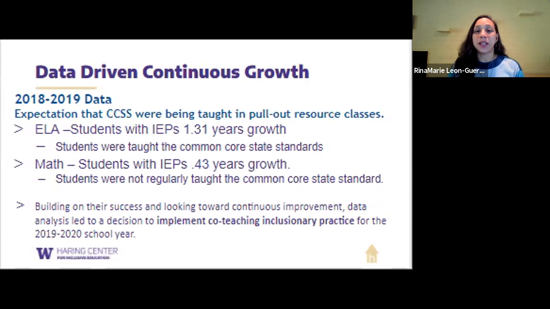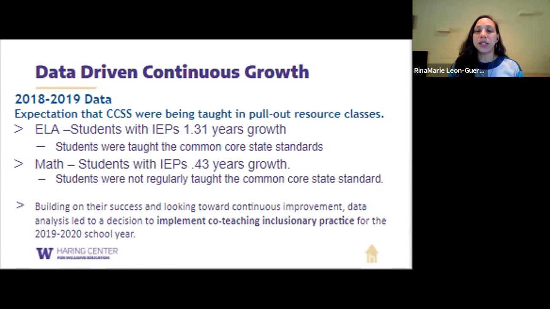Building on their success and looking toward continuous improvement, data analysis led to a decision to now implement co-teaching inclusionary practice for the 2019 to 2020 school year. In addition to the data, Chase Middle School again reviewed the research. Research indicated that there was a significant increase in test scores of students with disabilities when they attended a co-taught class as opposed to a segregated special education class.